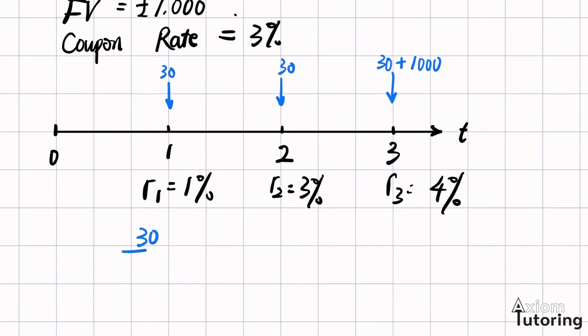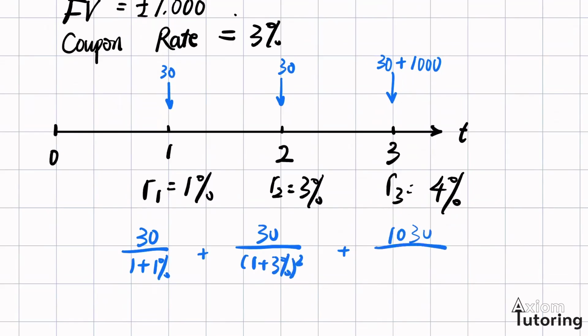The first would be 30 divided by 1 plus 1%. The second would be 30 divided by 1 plus 3% to the power of 2. And the last one would be 1,030 divided by 1 plus 4% to the power of 3.